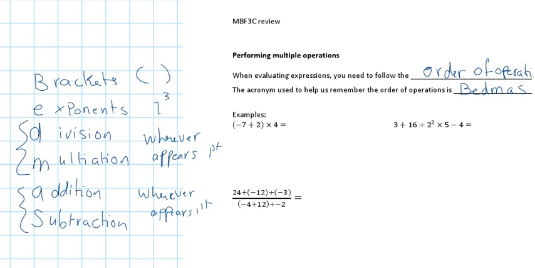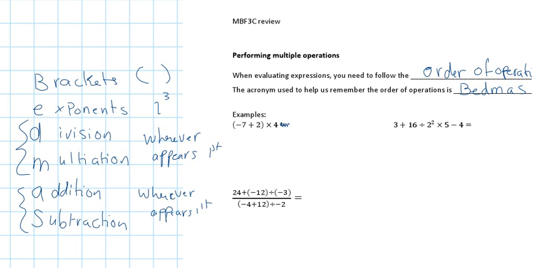So if I look at the first example, I have bracket -7 plus 2, close bracket, times 4. Order of operation tells me I have to do the brackets first. So I have to simplify inside the bracket. I have to do -7 plus 2, which gives me -5. Usually when I have an expression, I want to start my sentence under the expression. I started with an equal sign. That's why you see me, I deleted that equal sign from here.